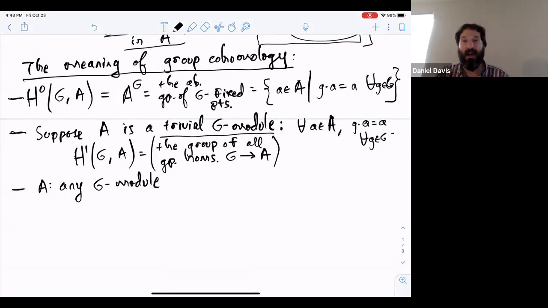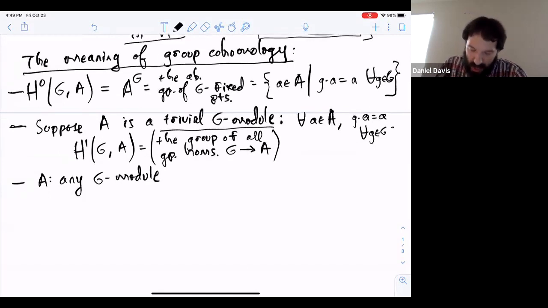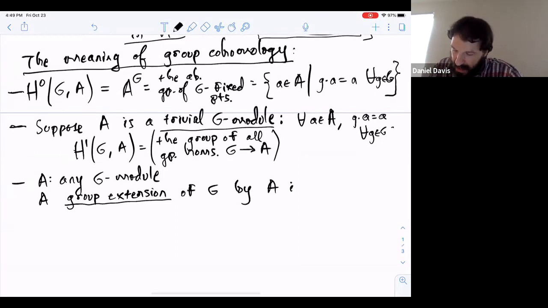Okay, and we want to say something about what H2 is. So here's a definition. A group extension of G by A is a short exact sequence.